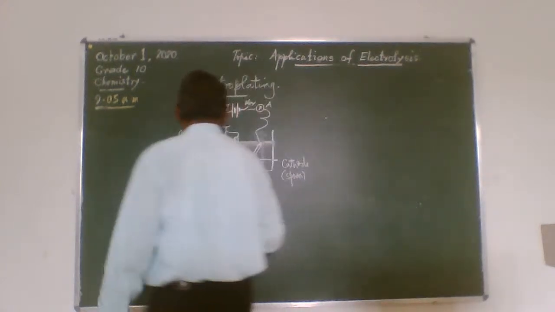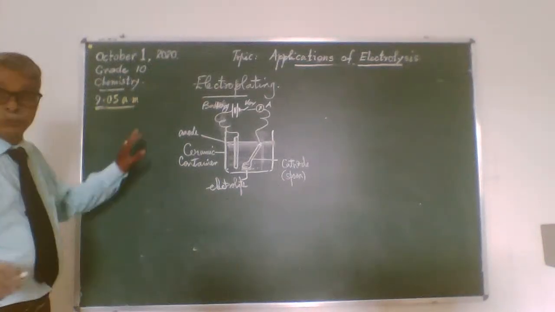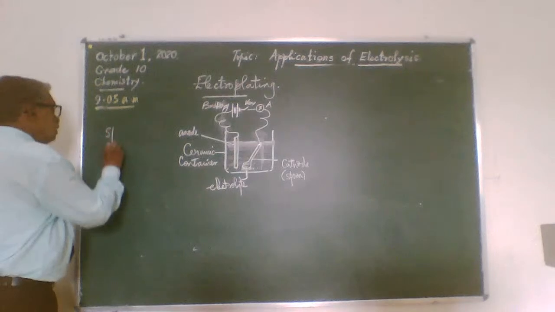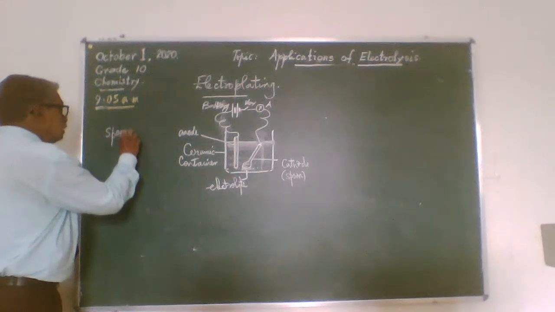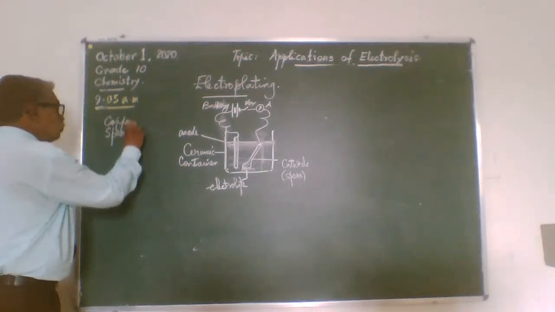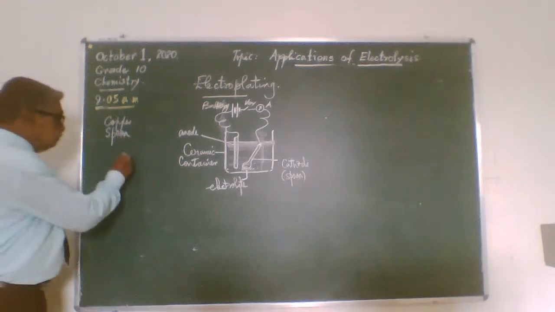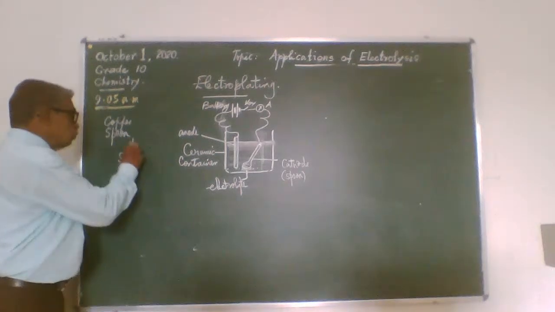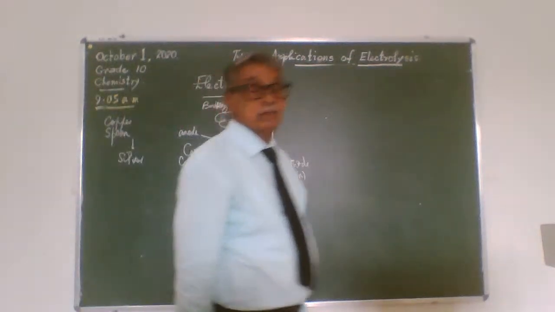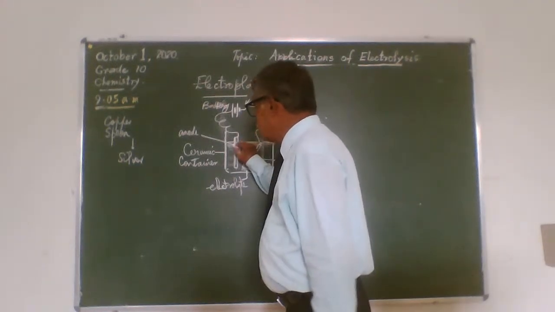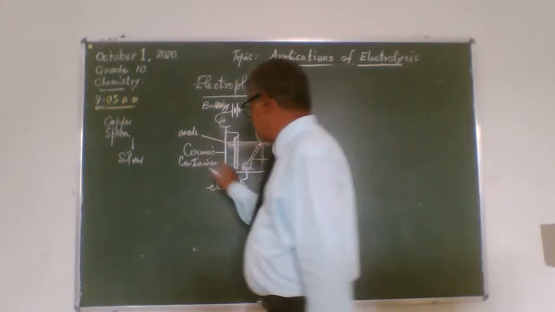Supposing you want to plate a copper spoon with silver, then the anode must be a silver plate.